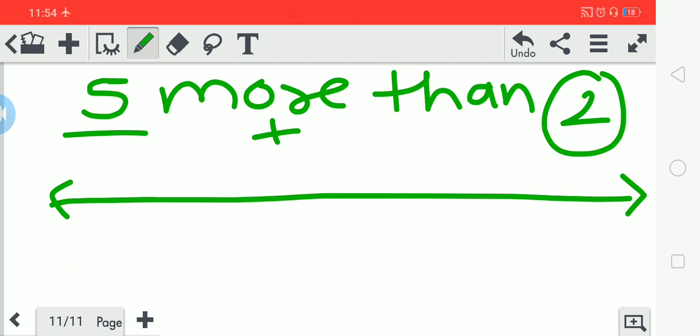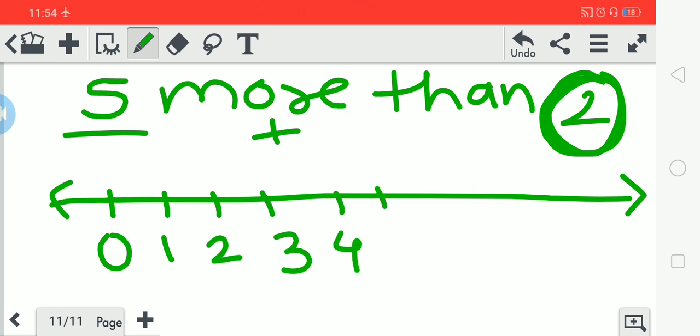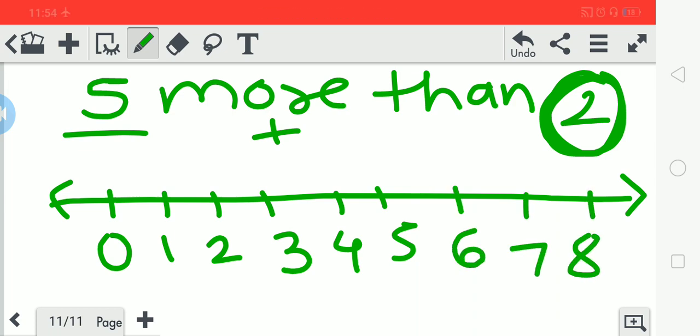Now see, in this kind of question we are going to use your second number first. Your second number is 2 here. So first draw the number line 0, 1, 2, 3, 4, 5, 6, 7, 8, right? I already told you, take a second number first.